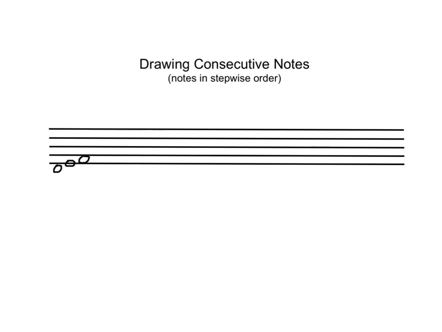And after that we need a line, so we're on line 2, and then space 2, and so on. And we're going to stop right here on the space above the staff.